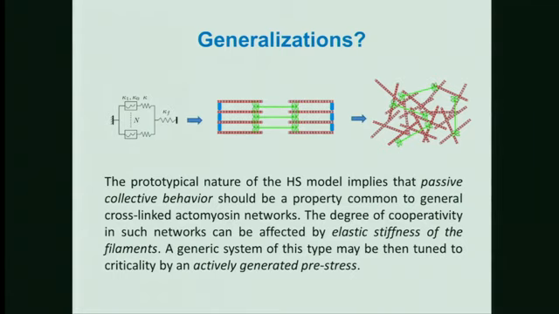We can say that the prototypical nature of Huxley-Simons models implies that passive collective behavior should be a property common also to general cross-linked acto-myosin networks, and the degree of cooperativity in such networks can be affected by the elastic stiffness of the filaments. So a generic system of this type may then be tuned to criticality by actively generated pre-stress. Of course, we don't know the direct mechanism, but at least we know that the muscle system seems to operate very close to criticality, so there must be some active feedback that brings you to this state.